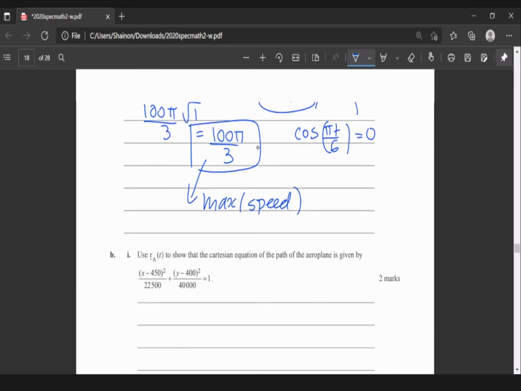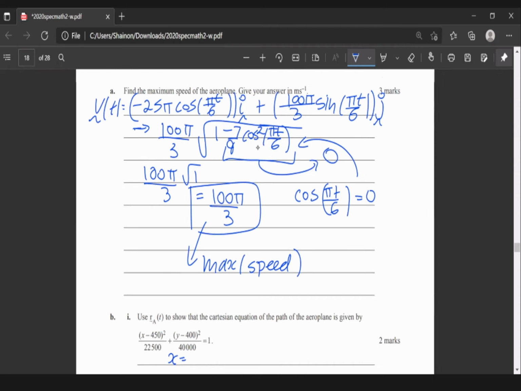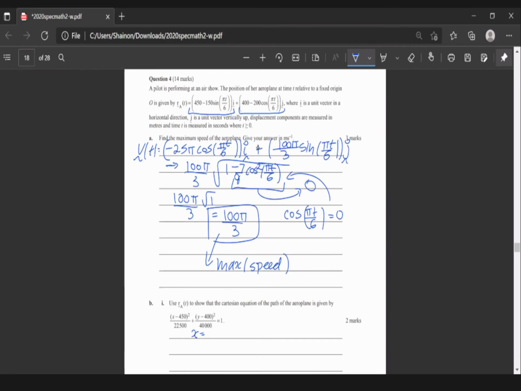So we know the original, x is equal to 450 minus 150 sine pi t over 6. So x minus 450 over 150 equals sine pi t over 6.